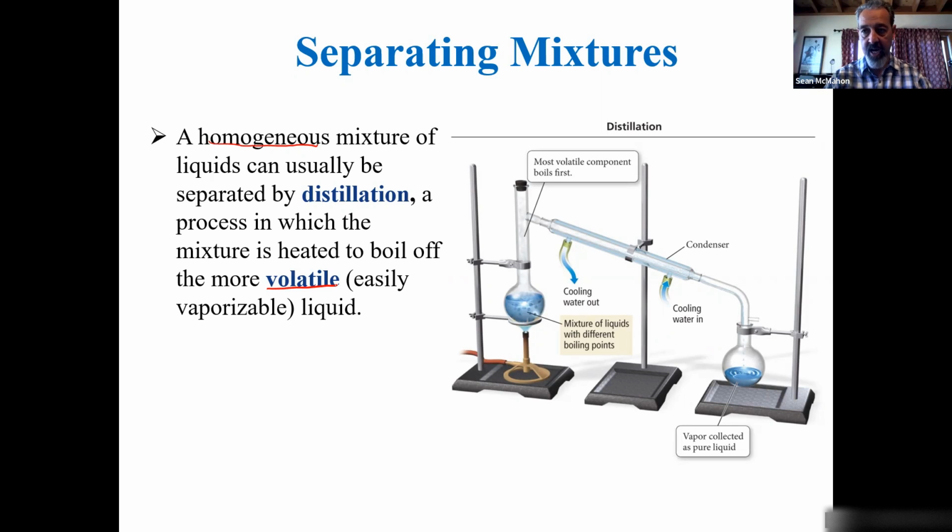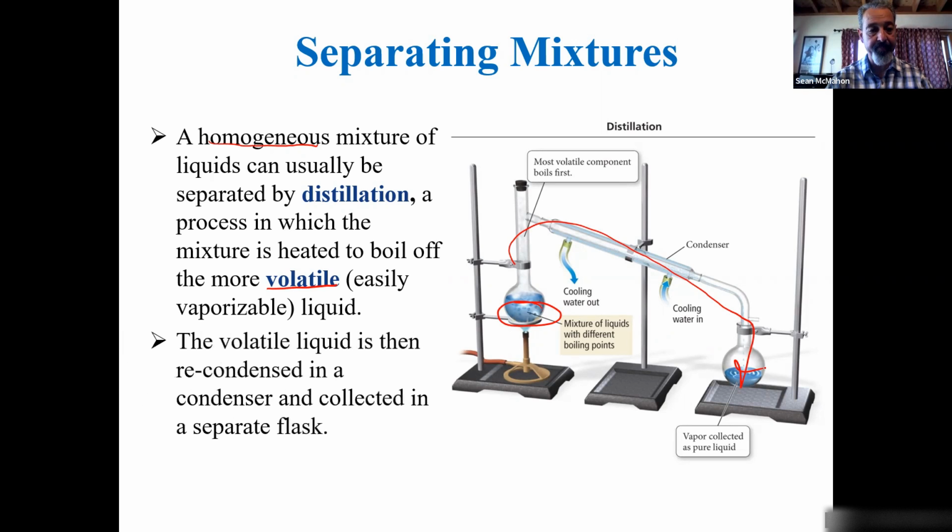Water has a really high boiling point. So when you do distillation, the water remains behind while you can separate the more volatile liquid and catch it in what's called the receiving container. So the more volatile liquid, once it boils off, is in the vapor state.